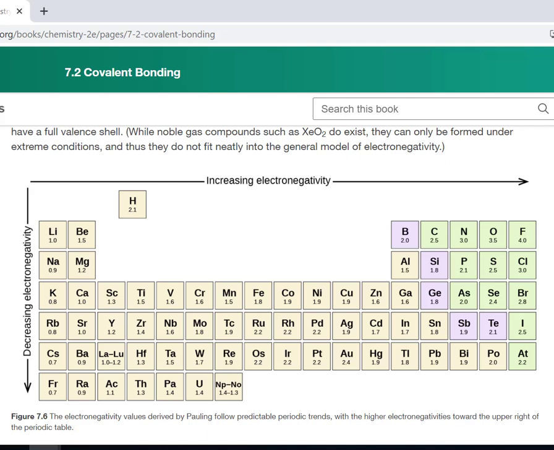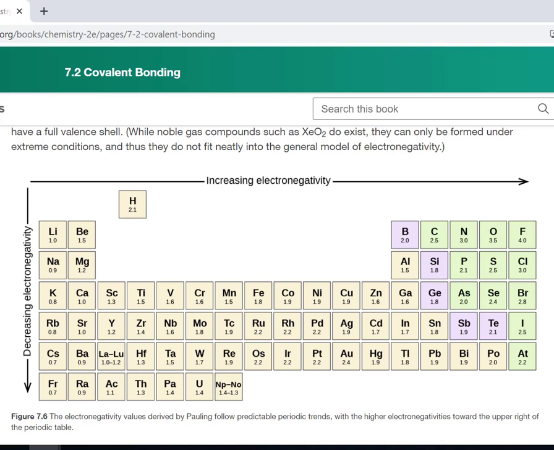The trend is that we increase electronegativity as we move towards the right of the periodic table, so towards the non-metal side. And we decrease electronegativity as we move down the table, from top to bottom. The most electronegative element, because we're leaving out the noble gases, you'll notice, is fluorine.